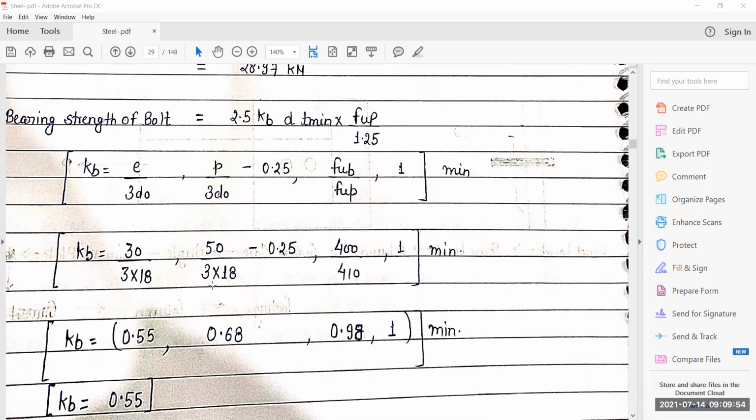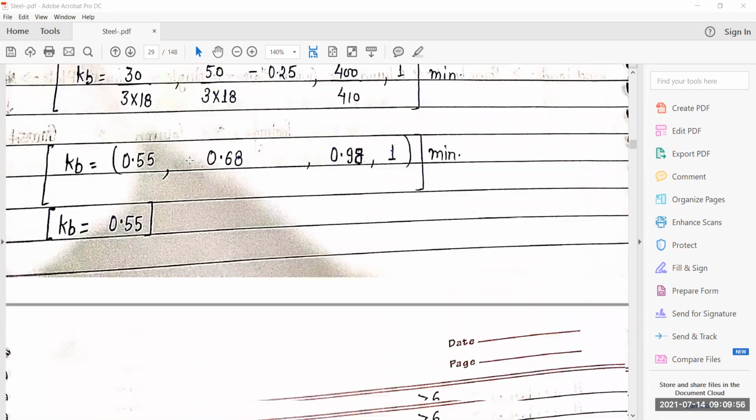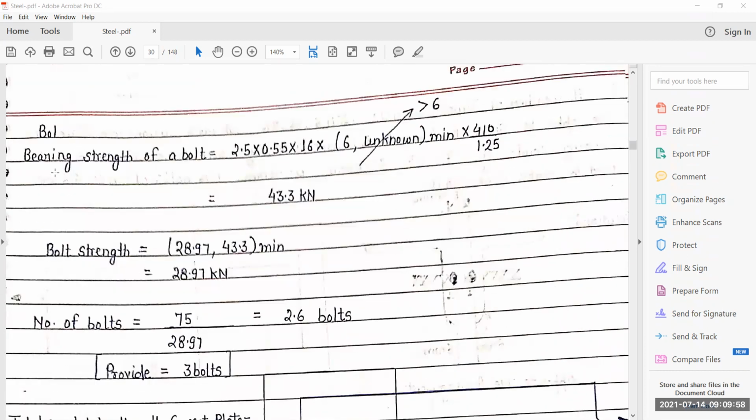The minimum one is kb equal to 0.55. So the bearing strength of bolt is 2.5 into 0.55 into 16 into minimum t equal to 4 into 410 upon 1.5. After calculation, we get the result of 43.3 kN.